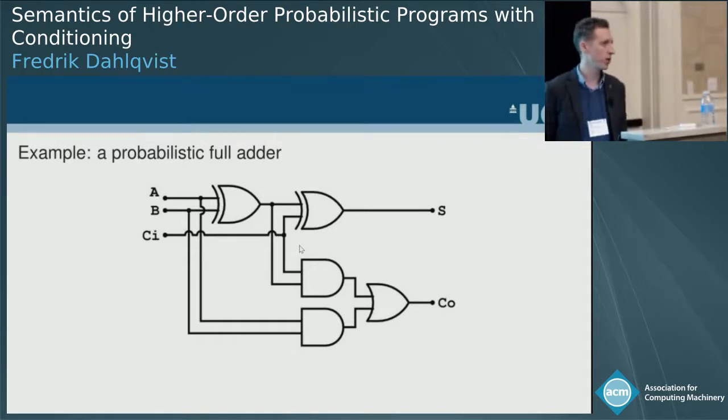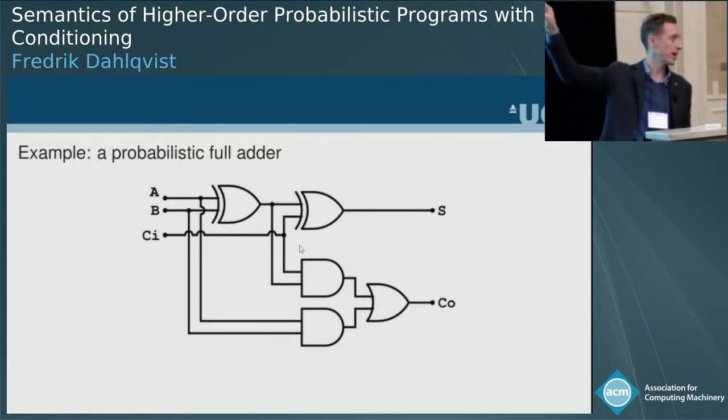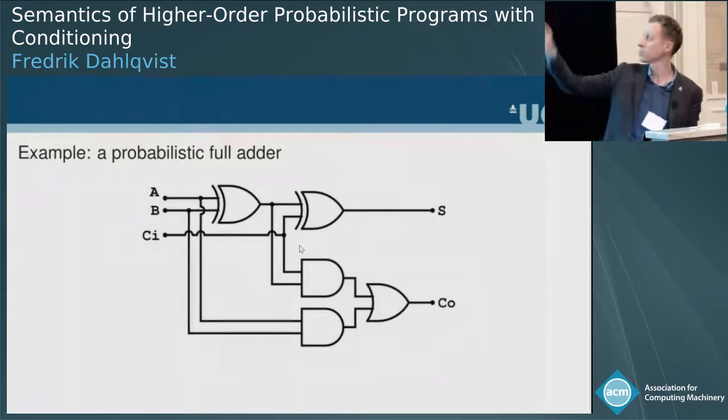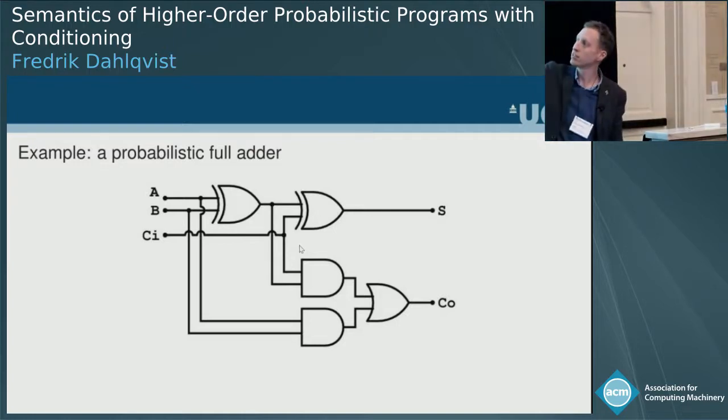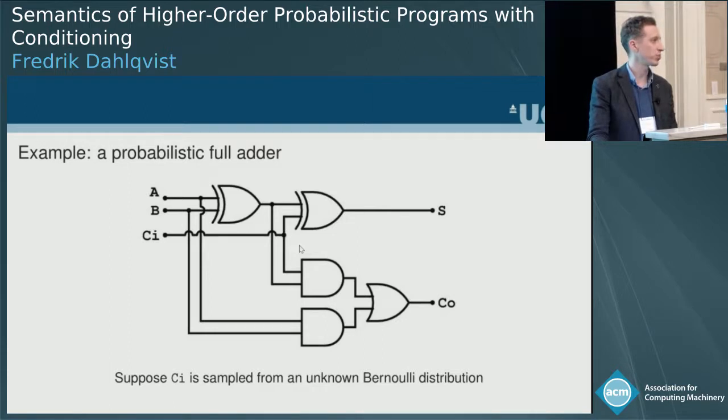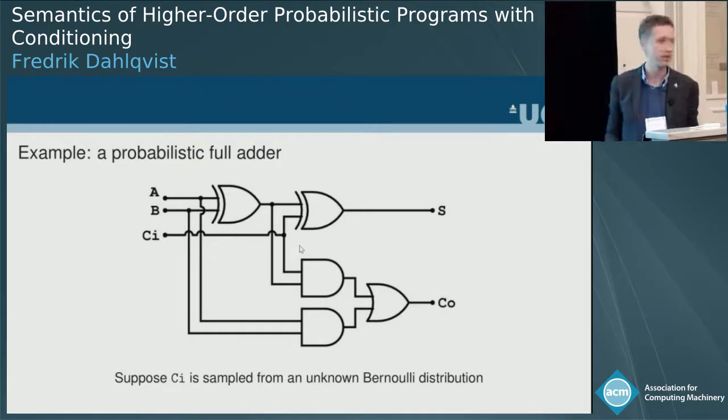So it's a little binary system which takes two inputs A and B, 2 bits, and performs their sum, returns it as S with a carry. And the third input I'm going to take as a probabilistic input. So in fact, I'm considering this as a 2-bit to 2-bit system. And the control is a Bernoulli distribution, which you don't know.